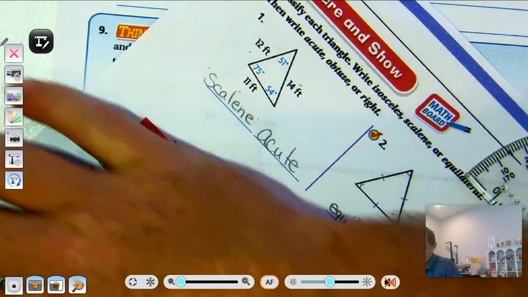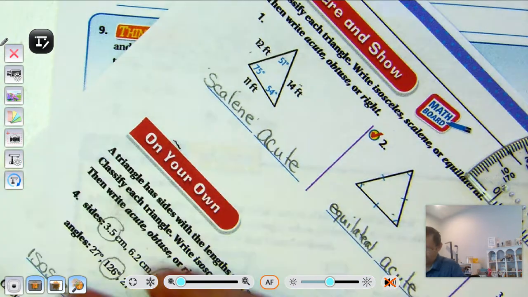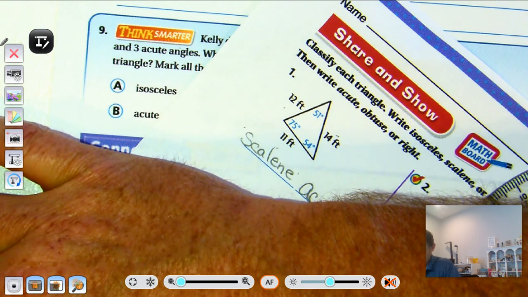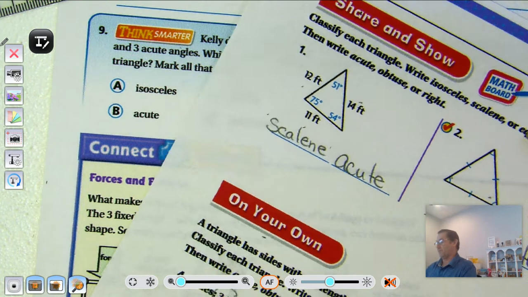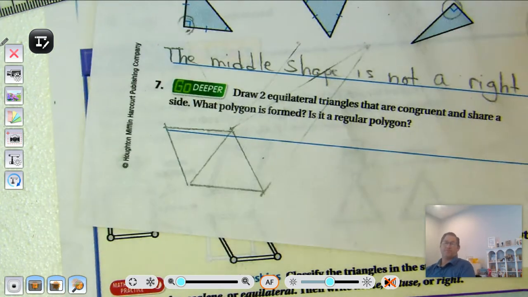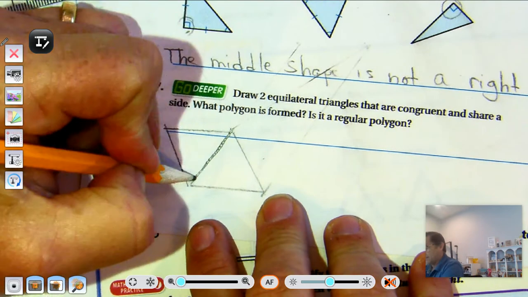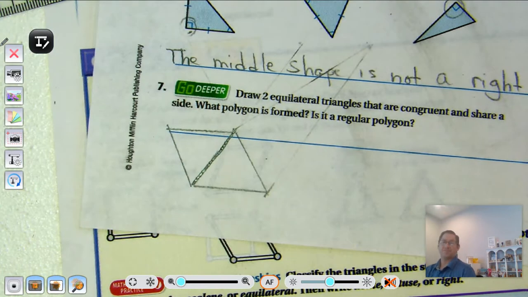And then 25 to close it. Okay. All right, so we've drawn two equilateral triangles joined together. Okay, they're sharing a side. This side in the middle is being shared.